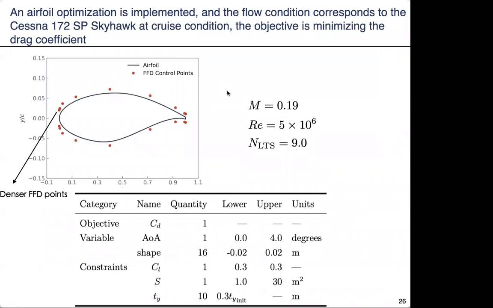We first start to optimize a laminar airfoil. It corresponds to a Cessna cruise condition, and the transition is sensitive to the geometry close to the leading edge. So we put denser FFD points here.